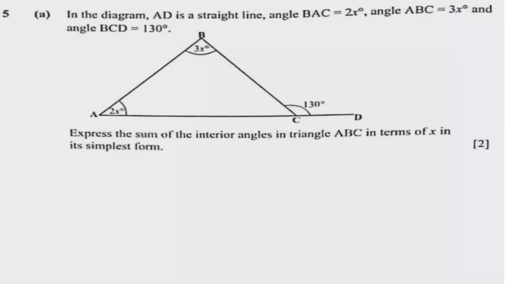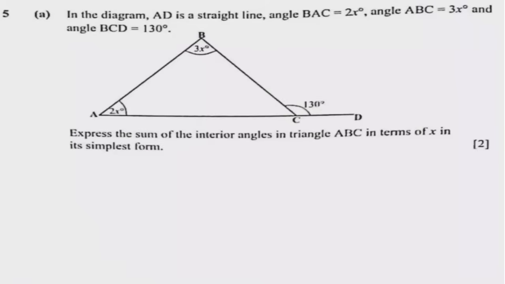Now, the question is, express the sum of the interior angles in triangle ABC in terms of x in its simplest form. Let me read the question again.